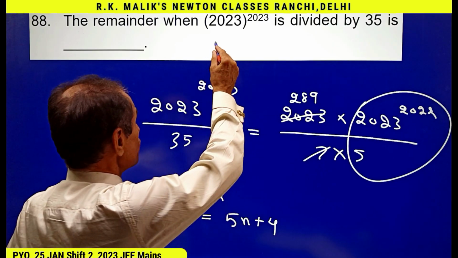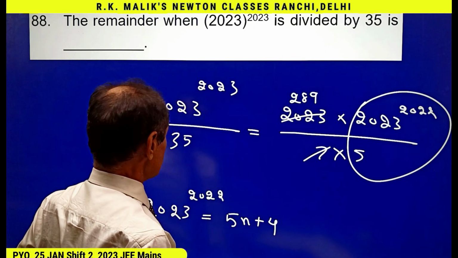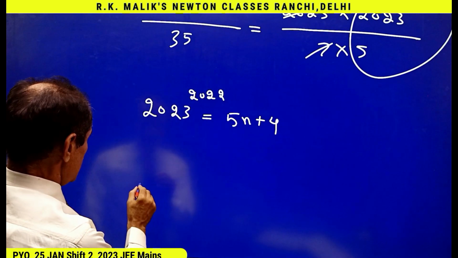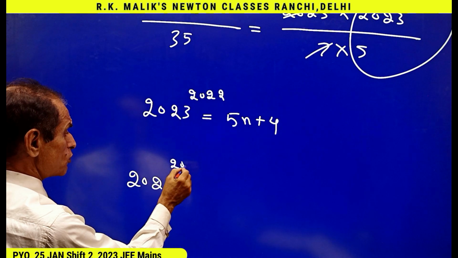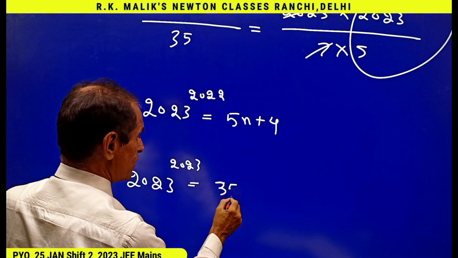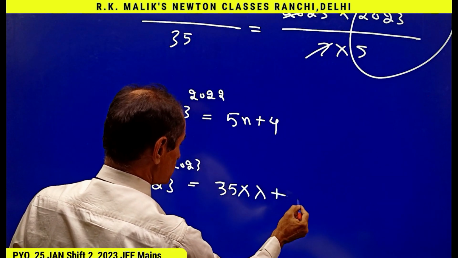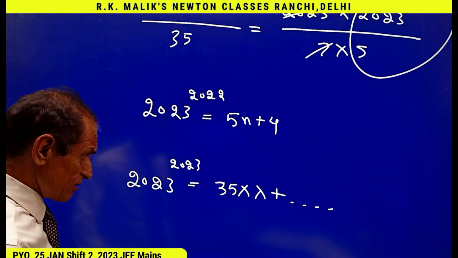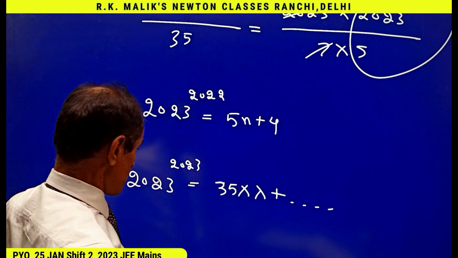But my question was when this is divided by 35, what is the remainder? It means I have to bring this number in the form of 2023 to the power 2023 is equal to 35 into some number lambda plus whatever will be here, that will be the remainder, and this number must be less than 35.